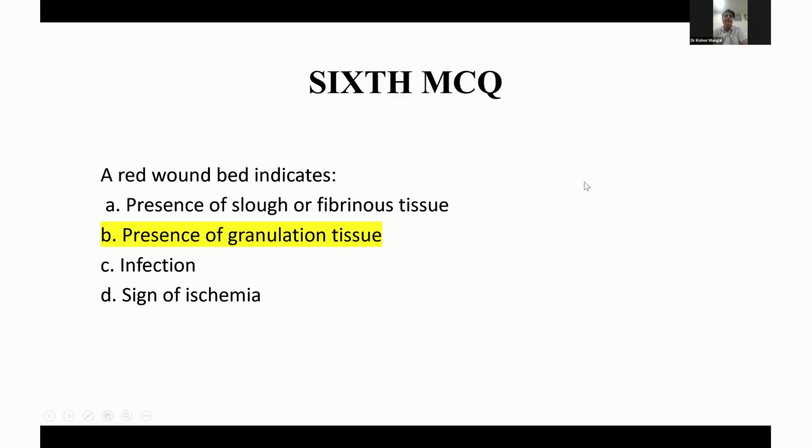Option D, sign of ischemia, means the blood flow is less, so it is not going to be red; it will be some other color depending on the severity of the wound. The target for anyone is that we should always allow the granulation tissue to grow, and that is going to improve the pressure injury.